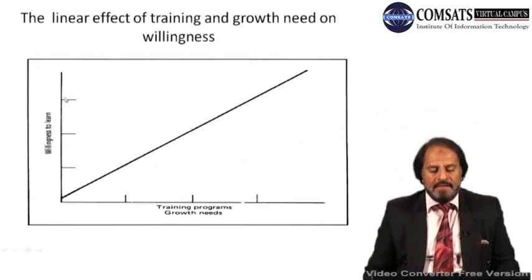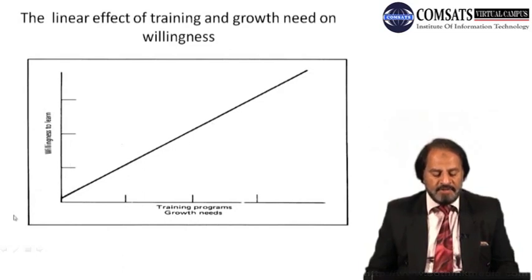If we draw a linear effect of training and growth needs on the willingness to learn, the more the training program and the more the growth needs in an organization, the more willingness to learn will be shown. This is a linear relationship between these three variables: the first two independent variables and one dependent variable.